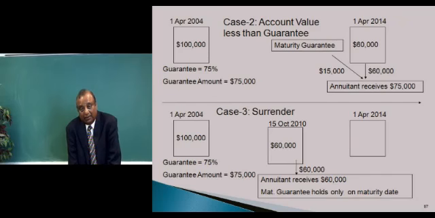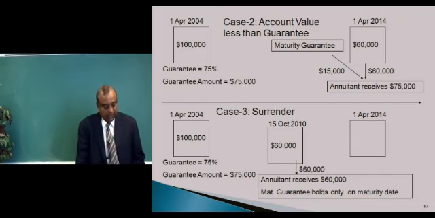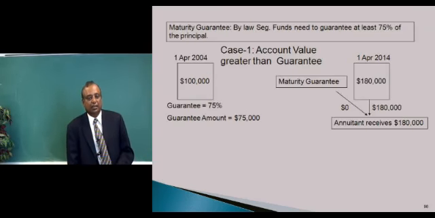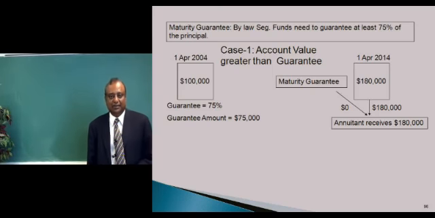So whenever the account value is less than the guaranteed amount, there will be a component of maturity guarantee going to the annuitant. Let's go back and see. If the value in the account is $180,000, how much does he receive as a maturity guarantee? Obviously it is zero. There is zero coming from the insurer's pocket. He receives $180,000.